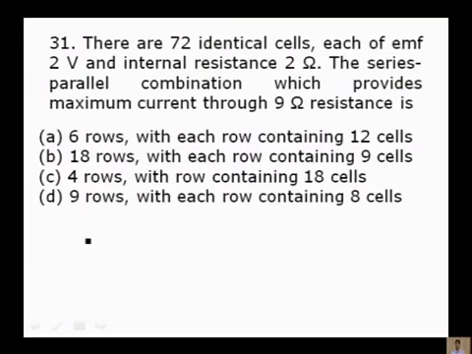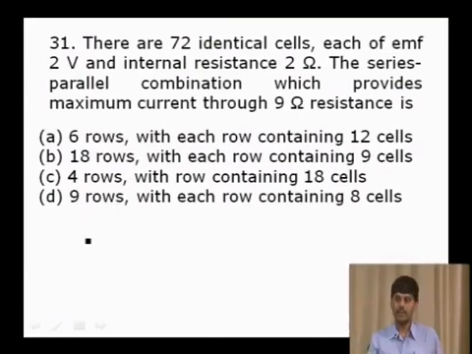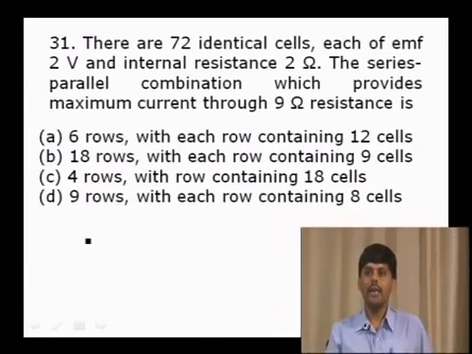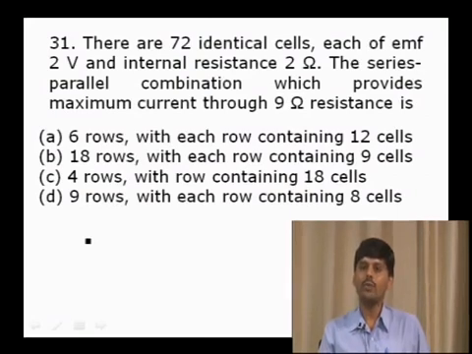The series and parallel combination which provides the maximum current through a 9 ohm resistance is: A, 6 rows with each row containing 12 cells. B, 18 rows with each row containing 9 cells. C, 4 rows with each row containing 18 cells. D, 9 rows with each row containing 8 cells.